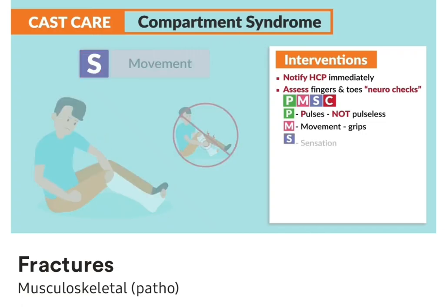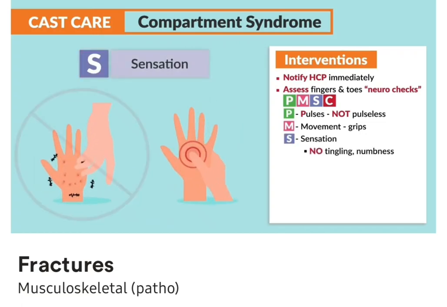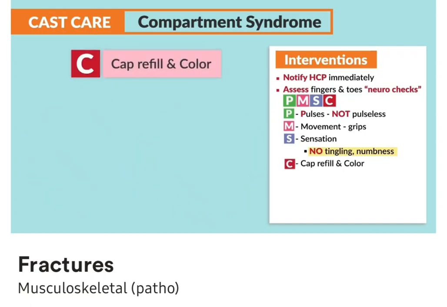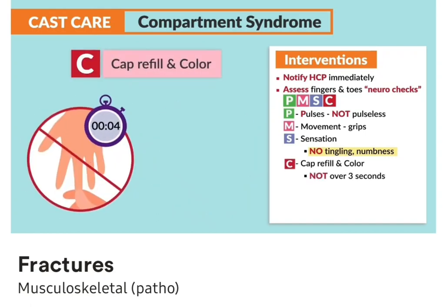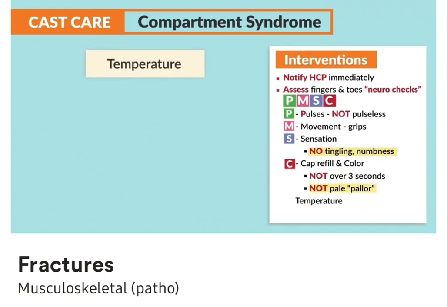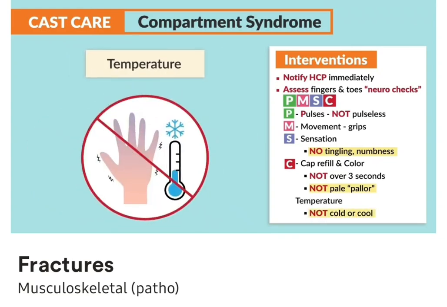S is for sensation. There should be no tingling or numbness. C is for capillary refill and color. Cap refill should be less than 3 seconds, and not pale or pallor. And the temperature should not be cold or cool.